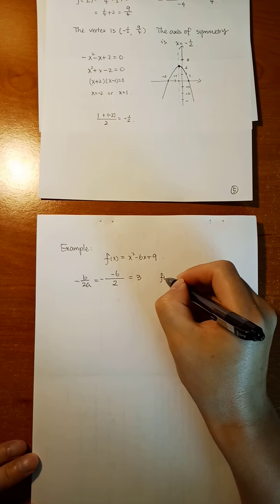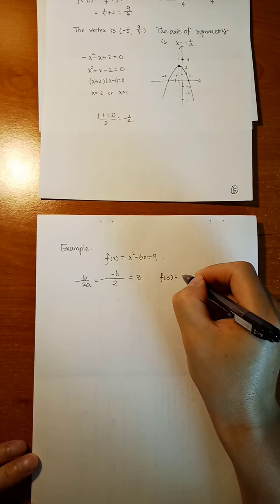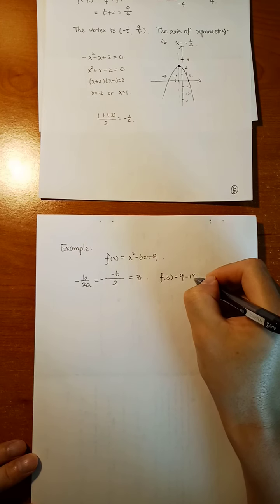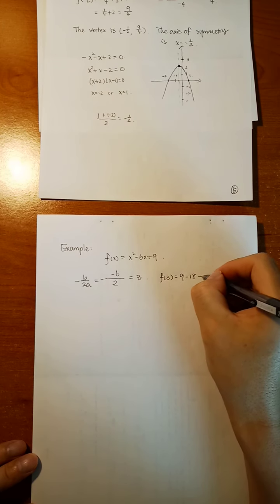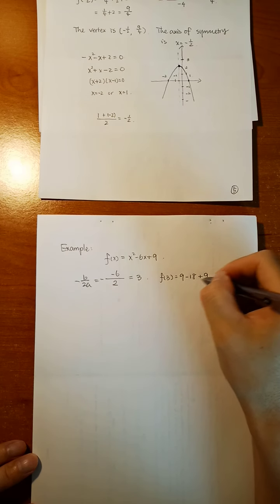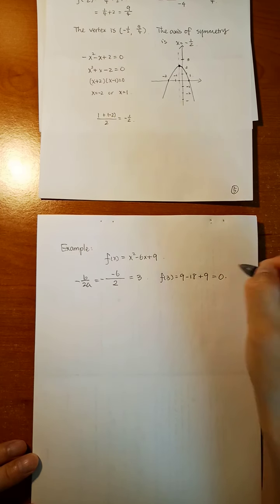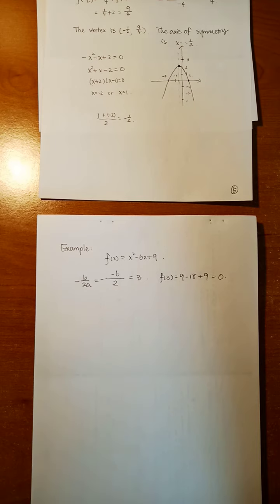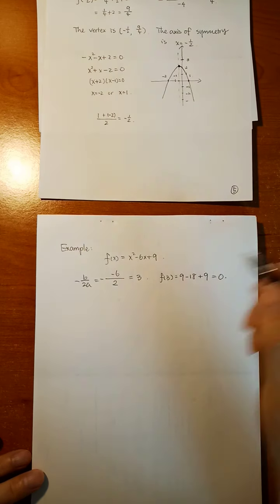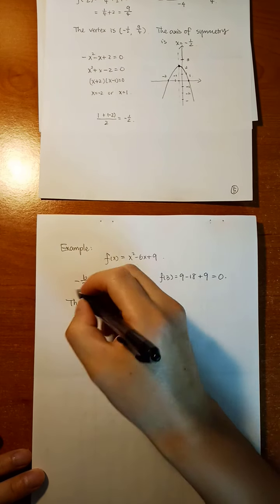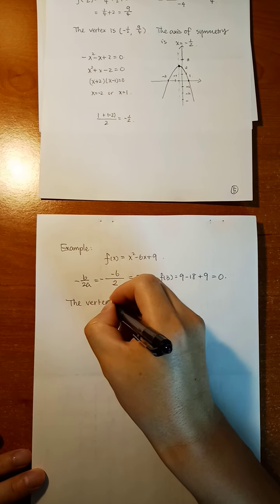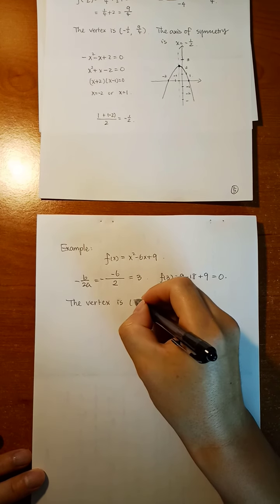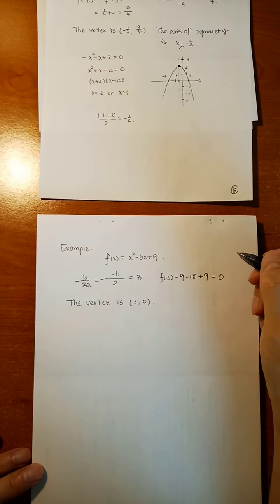Now f(3) is 3 squared minus 3 times 6 plus 9. 9 plus 9, 18, minus 18, 0. So f(3) is equal to 0. So the vertex is (3, 0).